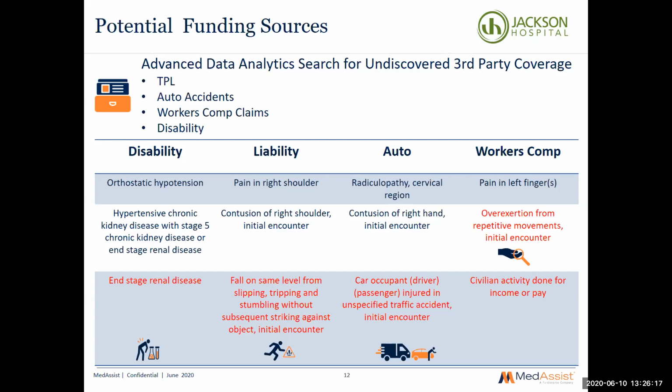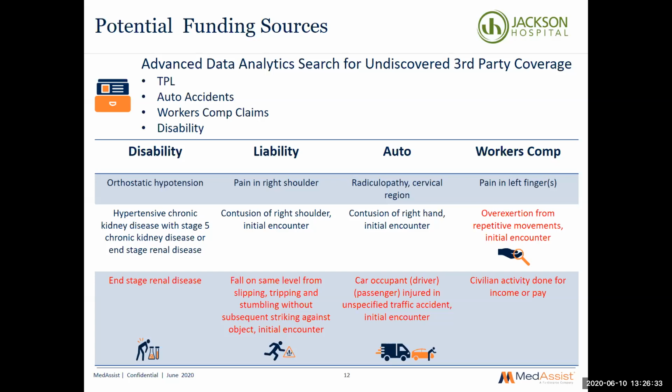So where did this happen? Was this at Walmart? Were they at McDonald's? Did this happen at a neighbor's house? From an auto accident standpoint, you can see these other external cause codes. The workers' comp, I think, is interesting, right?